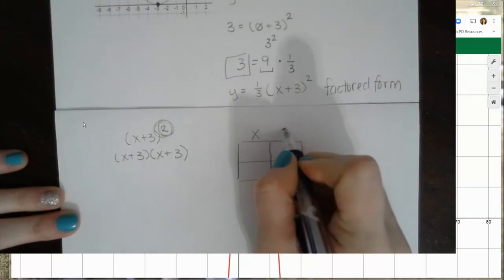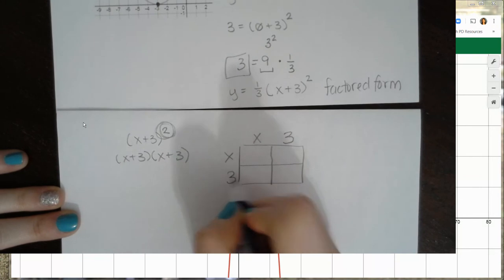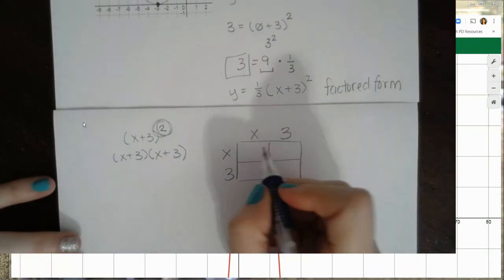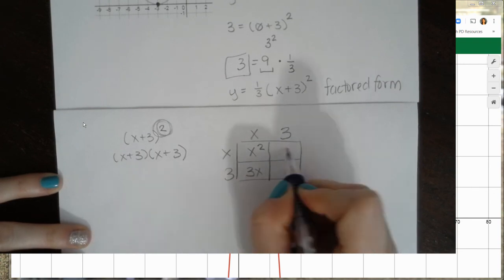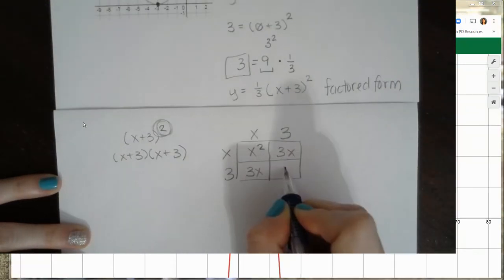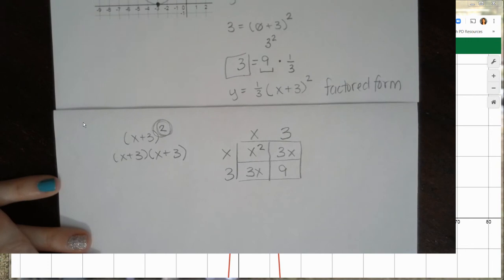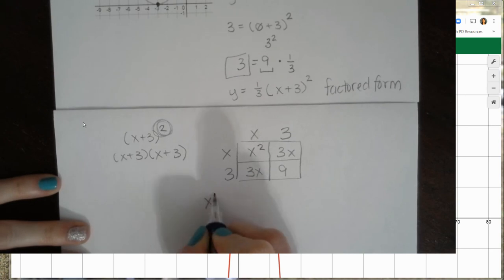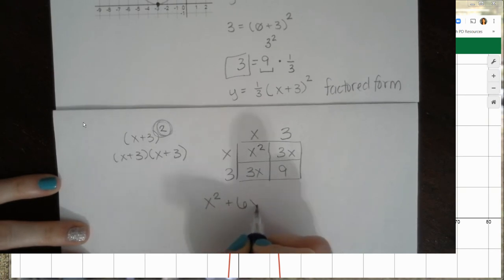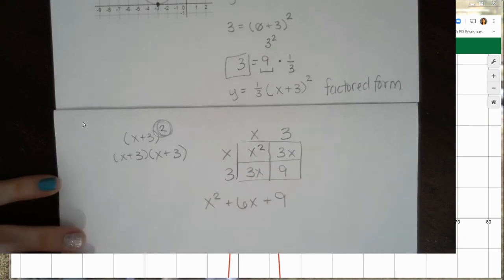I have x plus 3 times x plus 3. So this is x squared, 3x, 3x, and 9. So inside of the box has become x squared plus 6x plus 9.